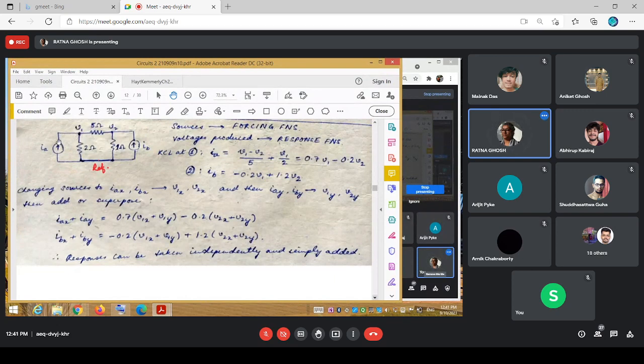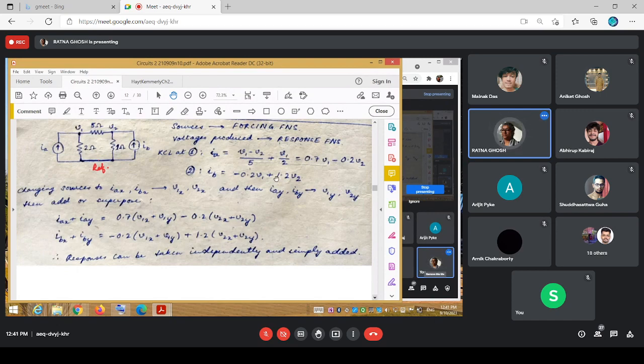Okay. So there is a minus of IA plus of (V1 minus V2) by 5 plus of V1 by 2 would be equal to 0. And if you expressed it, it would be this one. And for IB, if you started from here, it would be (V2 minus V1) by 5 minus of IB, current entering, plus of V2 by 1 would be equal to 0.